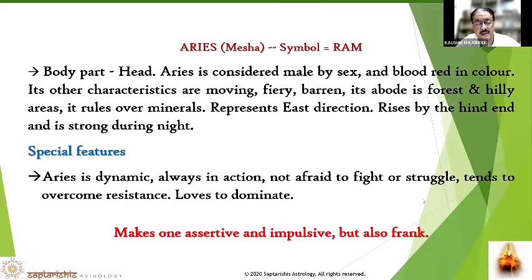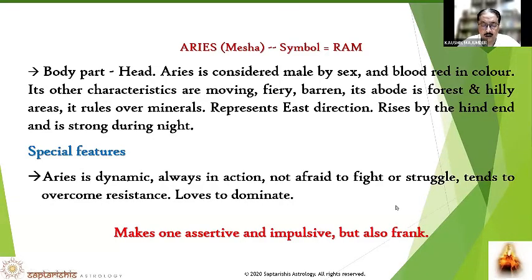Now, the characteristics and the features are important because whenever we go into predictive astrology, wherever Aries is placed, whatever significations, either living or non-living, will carry these characteristics, and up to what extent will be determined by the planets and their positions.